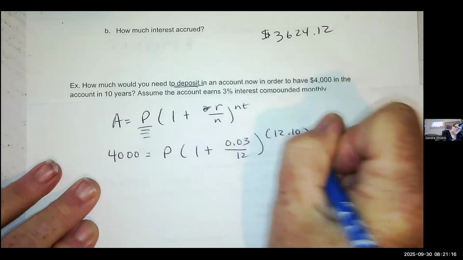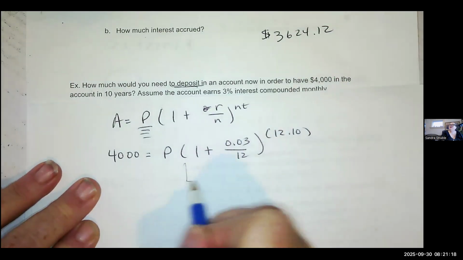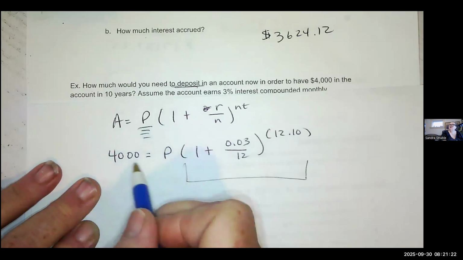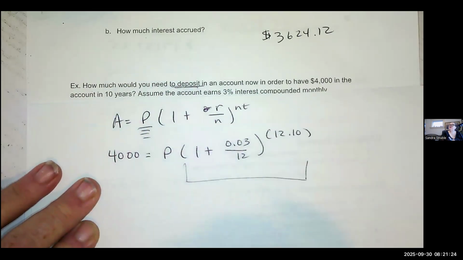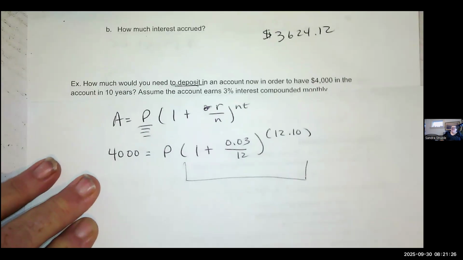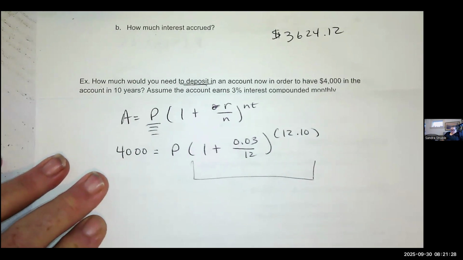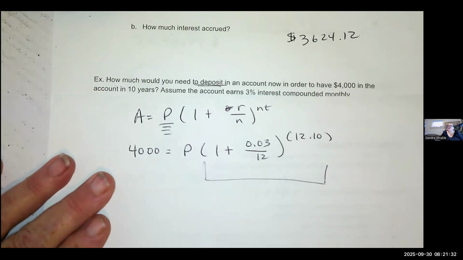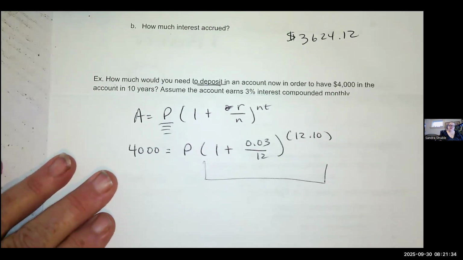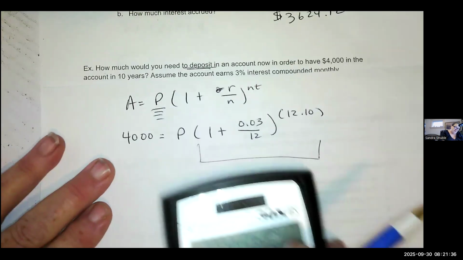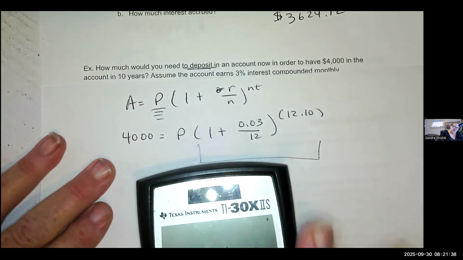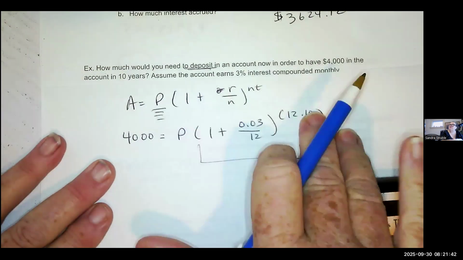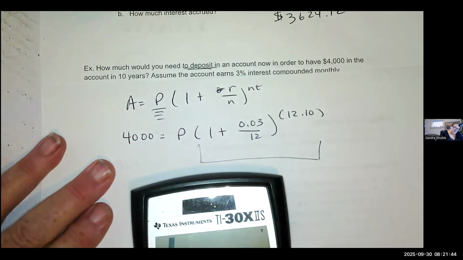10 years. So what I typically do is the right side, pause, put in 4,000 divided by second answer equals. And this is what I can do with this calculator. And it's what you'll be able to do with your calculator unless you have the TI-30XA. All right. Or you could just go 4,000 divided by, and then all of it. You could do that too, however you wish to do it.